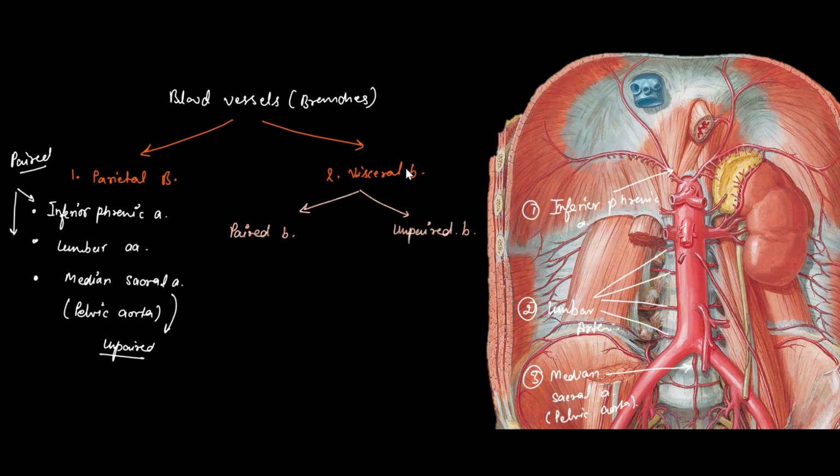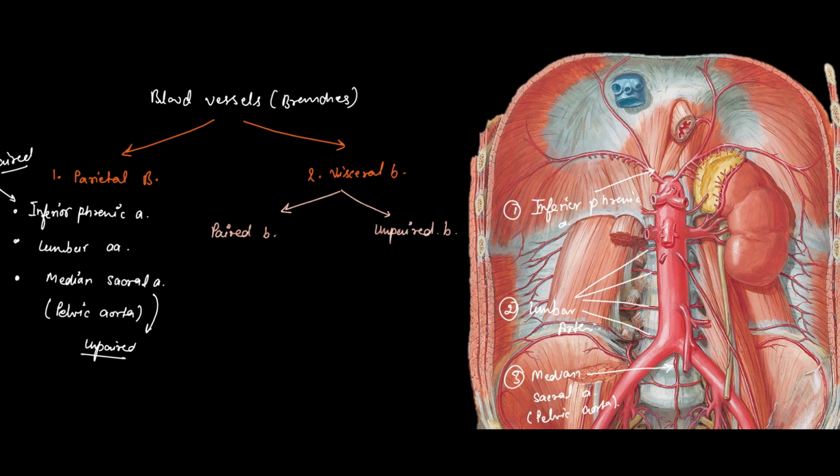So now let's move towards the visceral branches which originate from the abdominal aorta, and from visceral branches let's look for the paired branches which originate from this part of descending aorta. So firstly we can see here comes the first one, are these two, which are middle suprarenal arteries, okay.